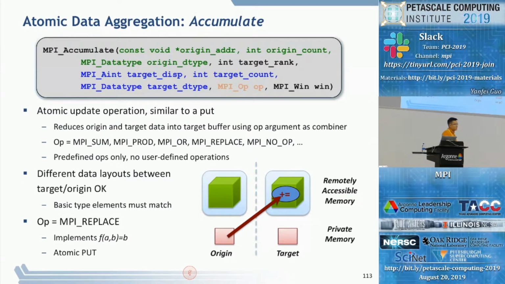If I'm doing MPI put on that buffer, and someone else is also doing MPI atomic put on that buffer, these puts would result in any order, but you won't have garbage data.